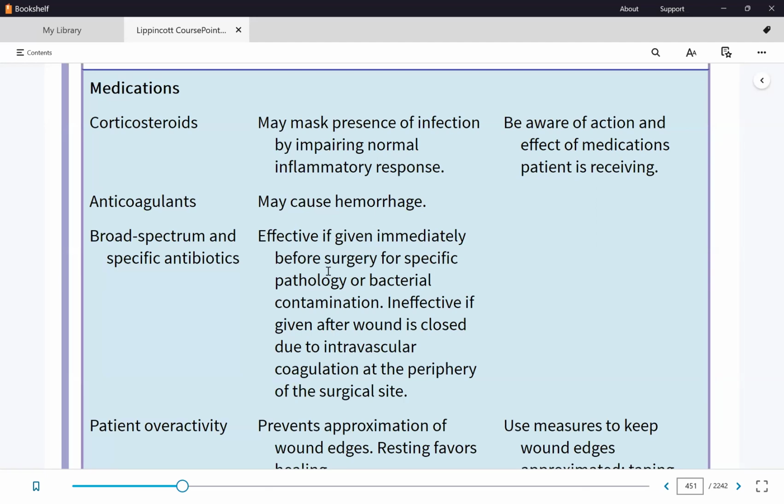I repeat, the prophylactic antibiotic dosing stops 24 hours after the incision is closed, meaning the end of surgery. So if I have surgery today and it ended at 3:45 p.m., when will my last dose of antibiotic be? Tomorrow at 3:45 p.m. It may not be exactly at 3:45 p.m. because we don't know the frequency, right?